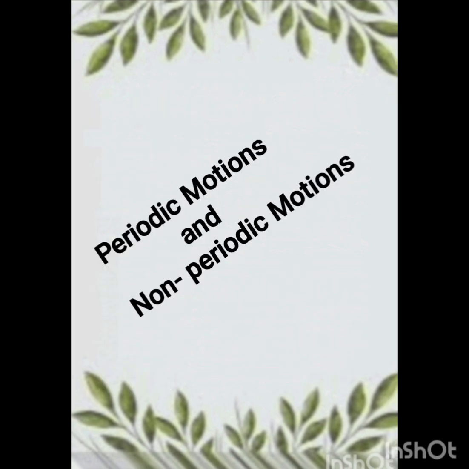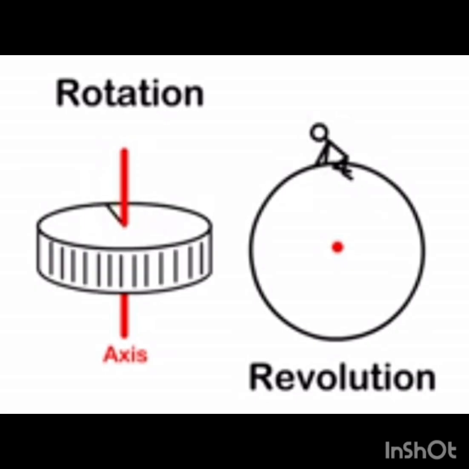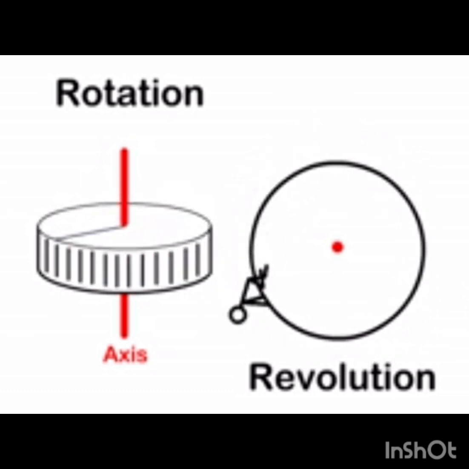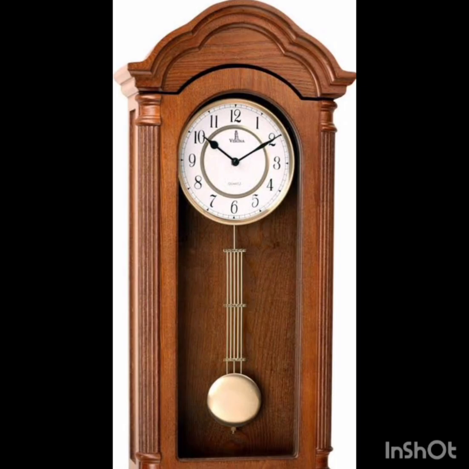Let's learn about periodic and non-periodic motions. Children, we know the earth completes its one rotation in 24 hours and one revolution in 365.25 days, while the pendulum of a clock completes one oscillation in 1 second.